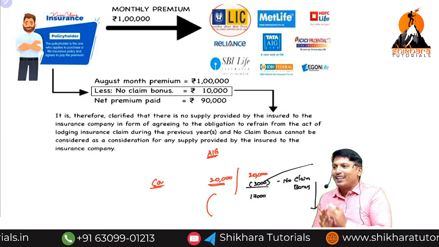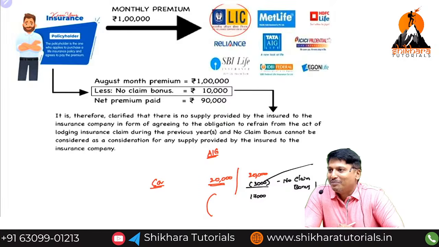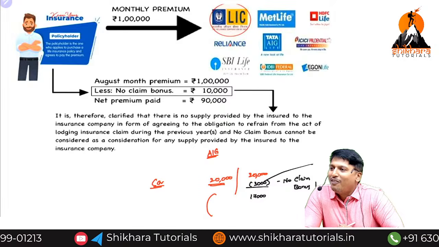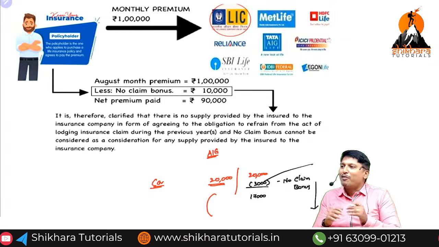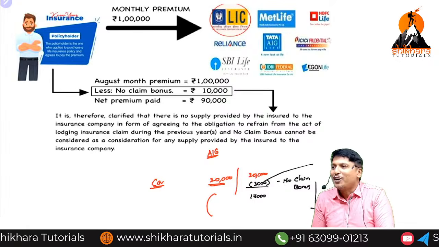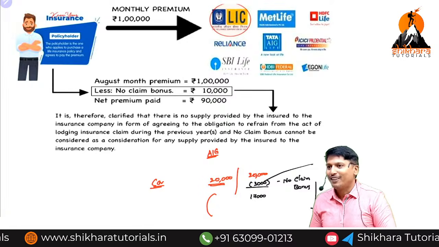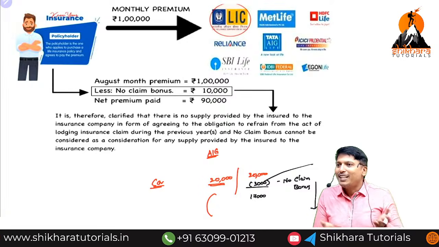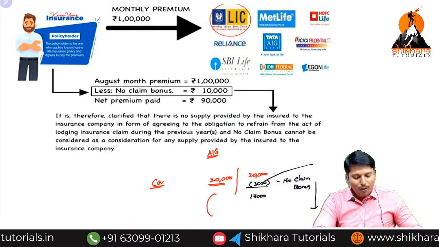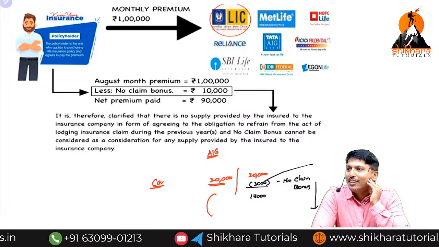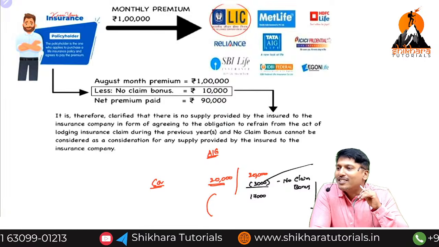But my brother, who has not claimed any claim, always enjoys the benefit. Many insurance companies make phone calls whenever the insurance is going to expire: Sir, take our insurance policy, we'll give a no claim bonus of 4,000, 5,000. So no claim bonus will not be considered as consideration and not a supply, no GST. Then what will it be considered? Discount.